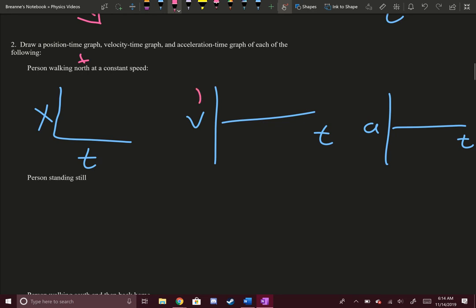So positive direction, constant speed means we have a straight line. If we have a constant speed, we have zero acceleration. And to show this for a position versus time graph, your speed is your slope. So to have a positive slope, you just have a diagonal line going up.